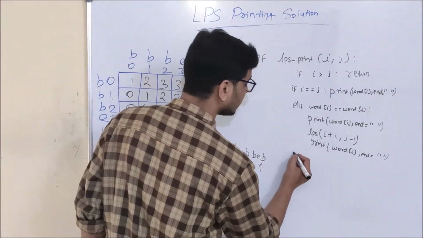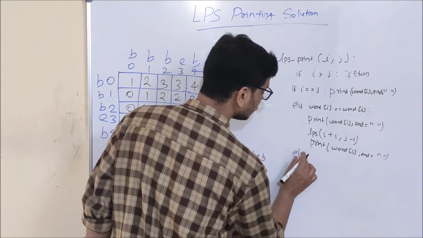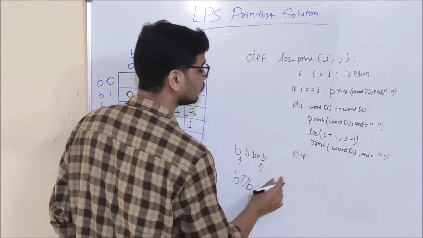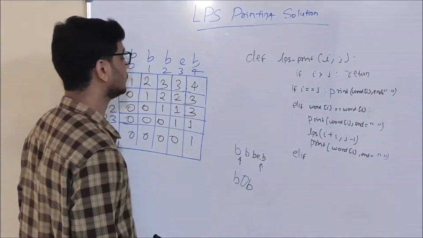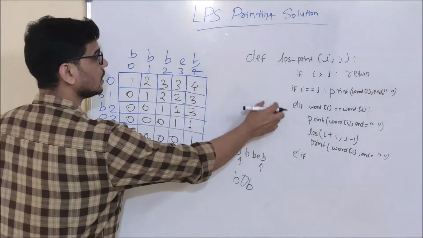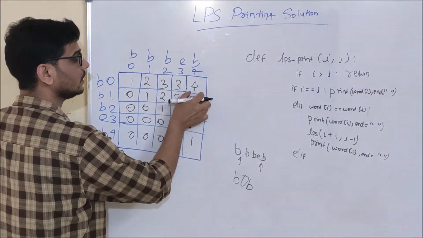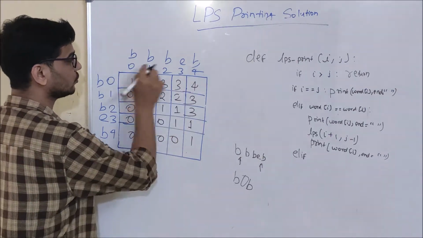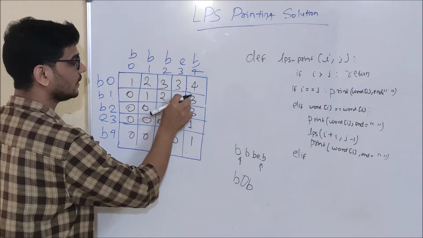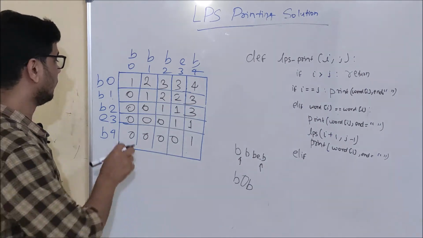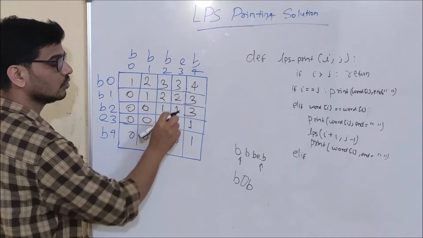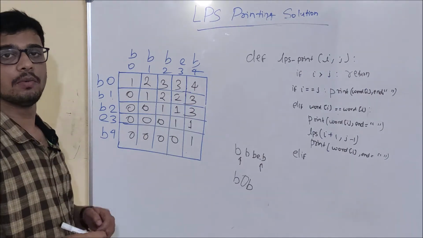Now let's come to the case where these two characters are not equal. If these two characters are not equal, what does it mean? See, if you take this example, here these two characters were equal. So these two characters should be printed. Now my answer should be coming from here. But here if you see, these two characters are not equal, so we move to a place where I have a greater value.